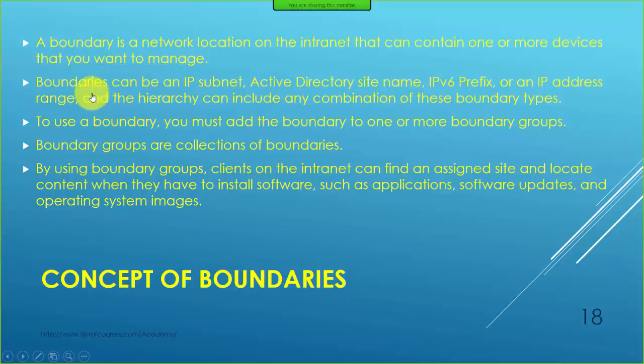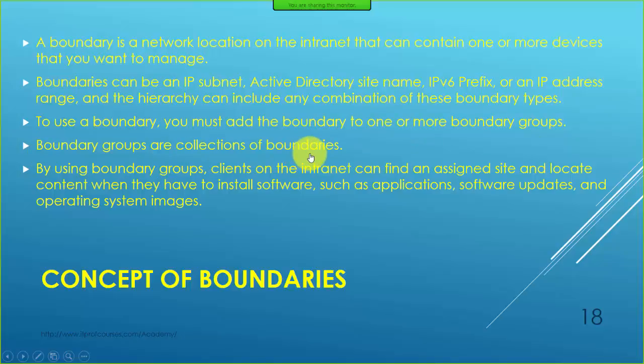Boundaries can be an IP subnet, Active Directory site name, IPv6 prefix, or an IP address range. And the hierarchy can include any combination of these boundary types, right? So through IP addresses, we can try to configure boundaries. To use a boundary, you must add the boundary to one or more boundary groups, and boundary groups are collections of boundaries.